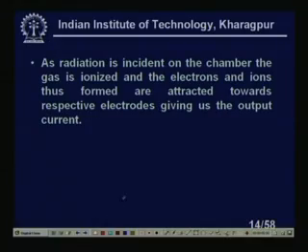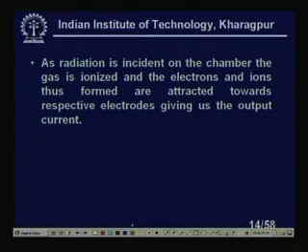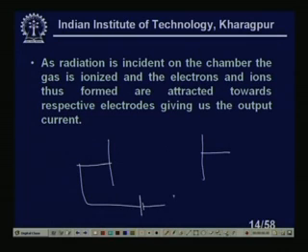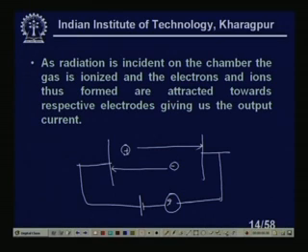Is it clear? We have discussed the ionization gauge in the case of low pressure measurement, and the basic principle is the same. Suppose I have two plates and a meter here. The gas is ionized, so the positive ions will move in this direction and the negative ions in this direction, resulting in some current which will be detected by the ammeter.